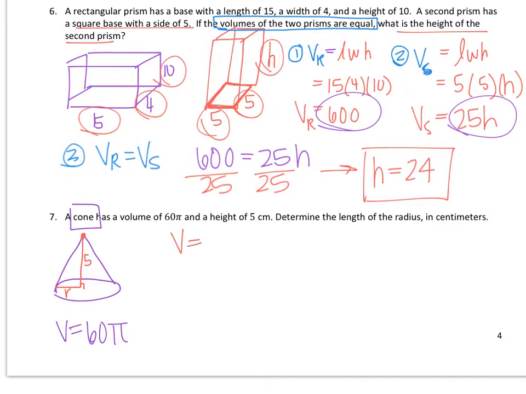If you look at your reference sheet, you'll find a formula for the volume of a cone. That formula is 1/3 pi r squared h. So they give us the volume of 60 pi. We keep the 1/3, we keep the pi, we keep the r squared, but we replace the h with a 5.